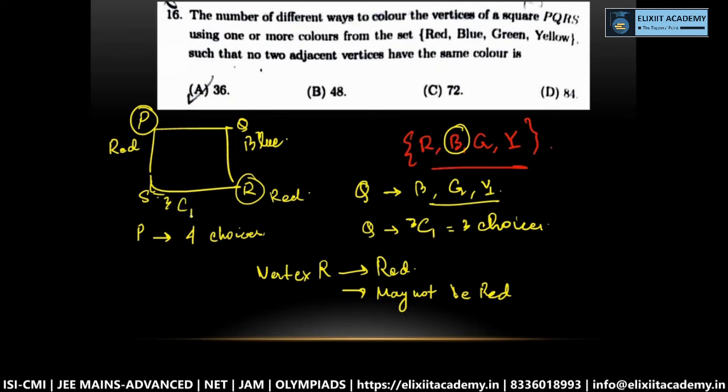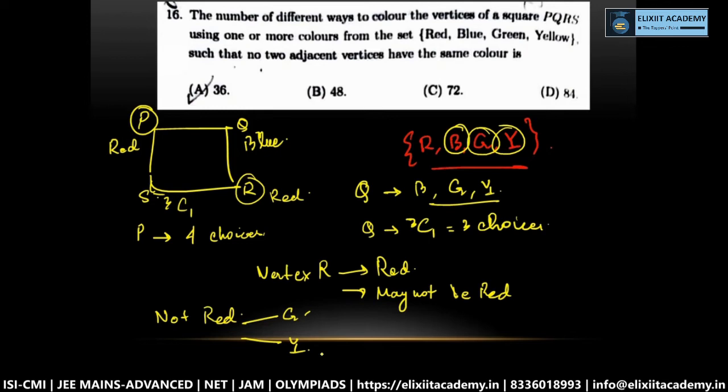And if R does not take the red color, then obviously we have 2 choices left, green and yellow, so we have 2C1 cases.